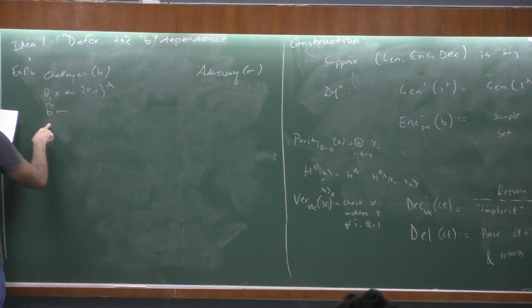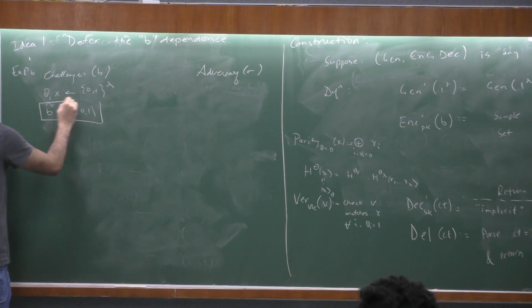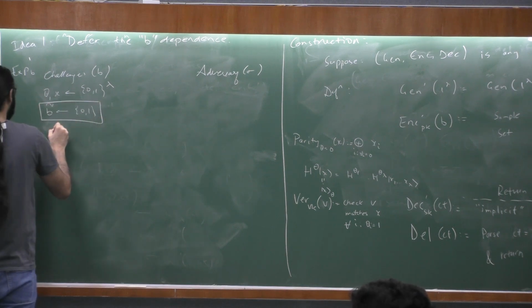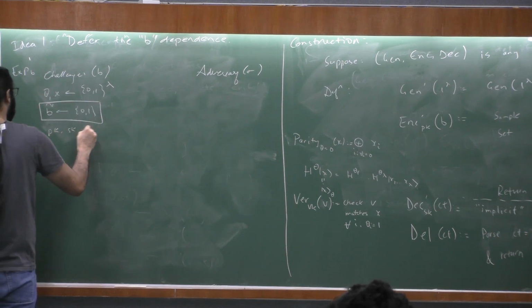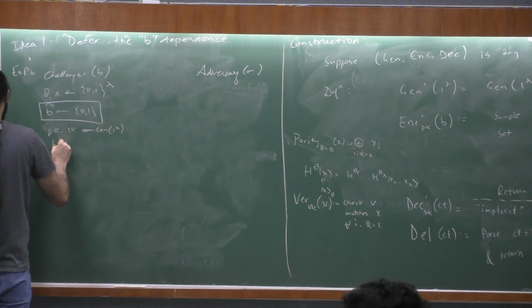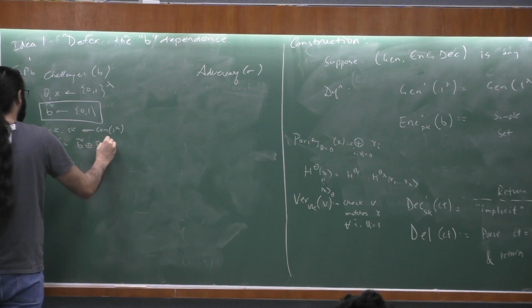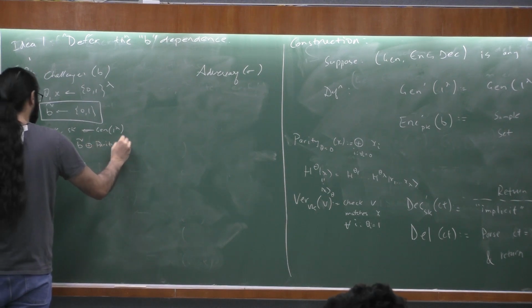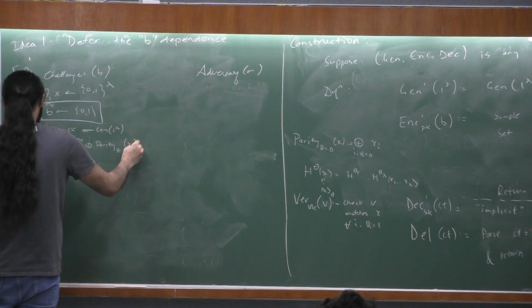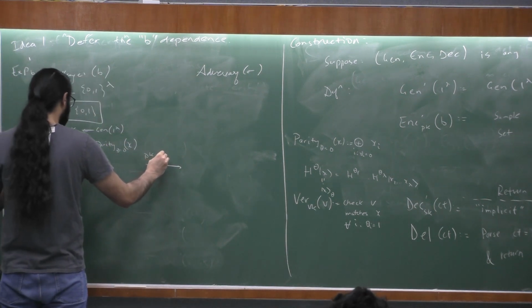Now they're going to sample a B tilde from 0, 1. The rest are the same, so you have pk, sk from Gen 1 to the lambda, and B prime is defined as B tilde XOR the parity of x over theta equal to 0, and this is sent to the adversary as before.